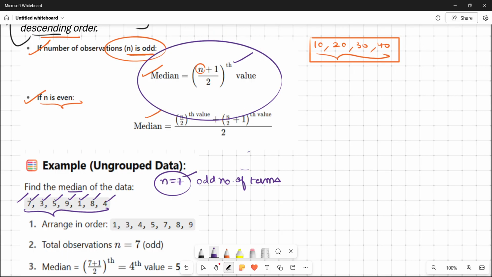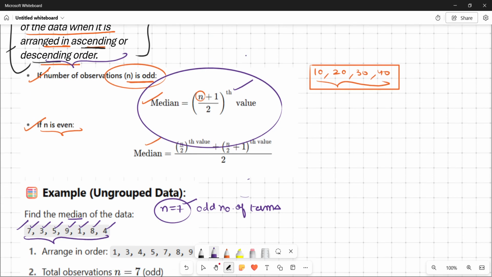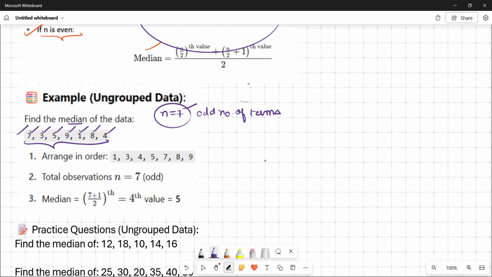But before using this formula, as I have said earlier, our data must be in sorted format. Sorted means in ascending or in descending order. So first of all, we will be sorting our data. The data is 7, 3, 5, 9, 1, 8, 4. Clearly we can see the data is in unsorted format. It is neither in descending nor in ascending order.